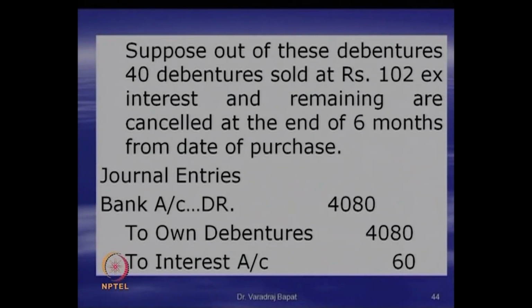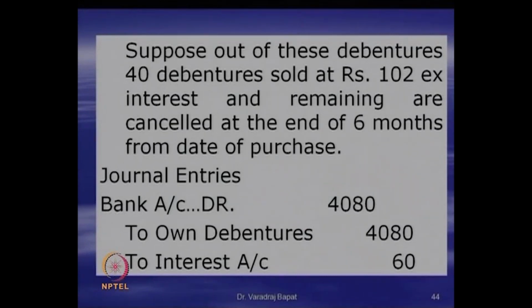As we saw last time, the concept of cum interest: in cum interest, the interest is included in the price. So, 98 rupees was with interest, cum means with interest, whereas in this case 102 is ex interest. By ex interest, it means interest is paid extra.